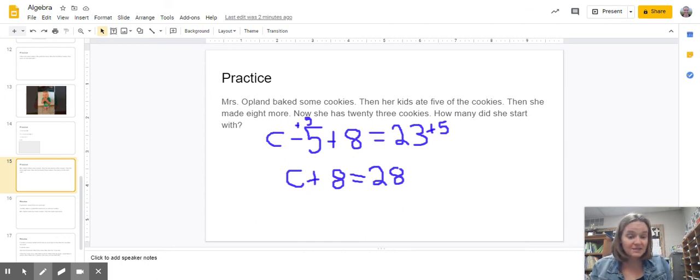I want a number that's smaller because something plus 8 equals 28. My number needs to be smaller, so I'm going to subtract. I have a plus 8 over here. I need to subtract 8 to get rid of that. So if I subtract 8 on this side, I need to subtract 8 on this side. So C equals 28 minus 8 is 20.